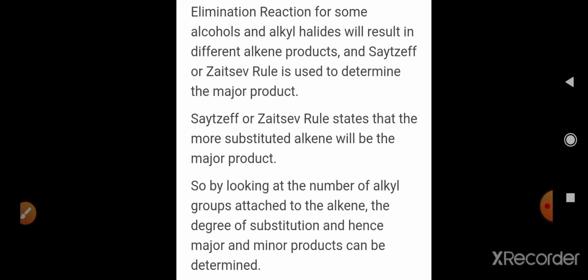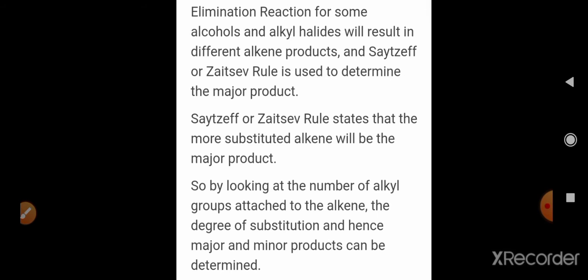During this reaction, when we look at the products, you can see different types of products are obtained, and it is difficult to determine which product will be the major product. So to identify the major and minor products, the Saytzeff rule was discovered by the scientist.